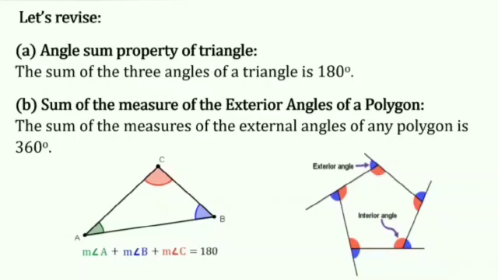So remember the angle sum property of triangle, that you already know that the sum of three angles of a triangle is 180 degree. Another property is exterior angles of a polygon. The sum of measures of external angles of any polygon is 360 degrees. This property we are going to use while we are solving the exercise.